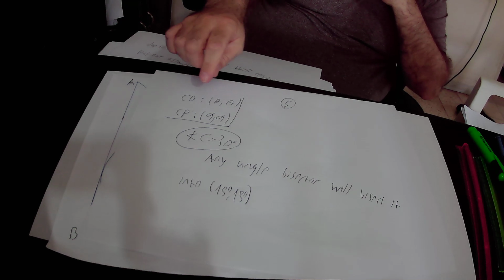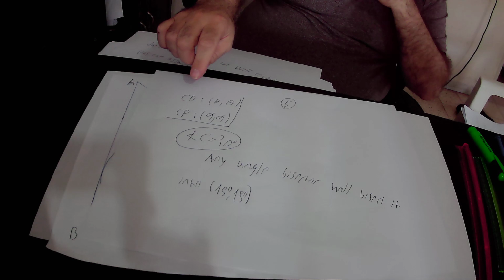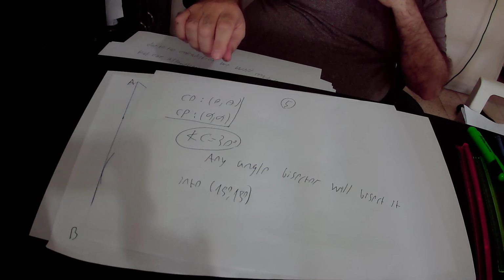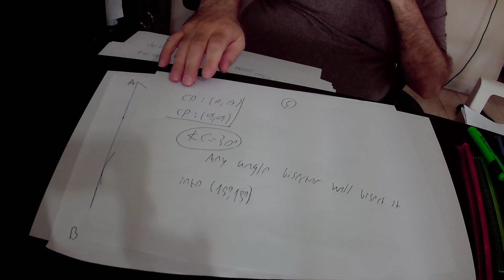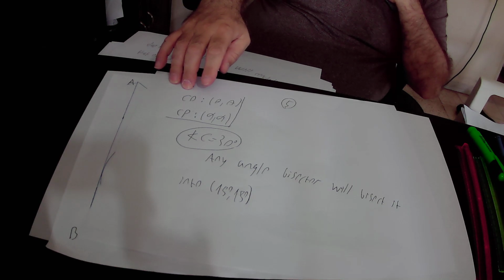While here we found out that angle C will be bisected into two different angles. Okay?